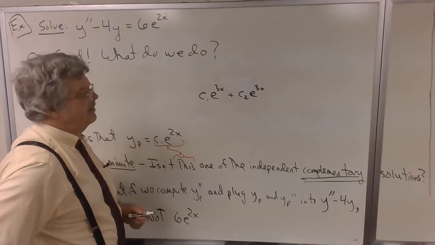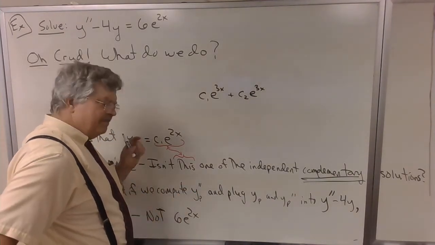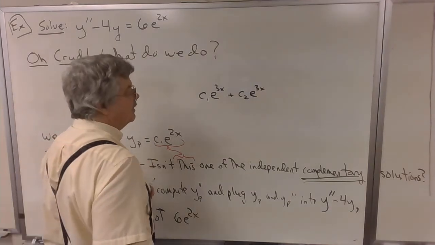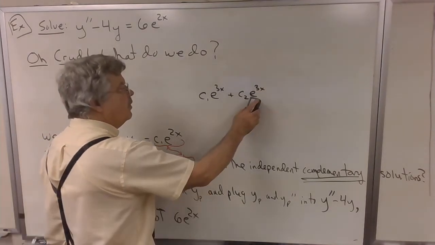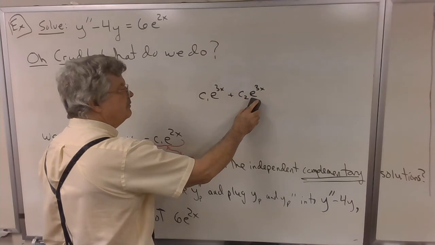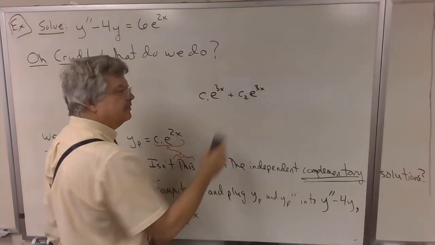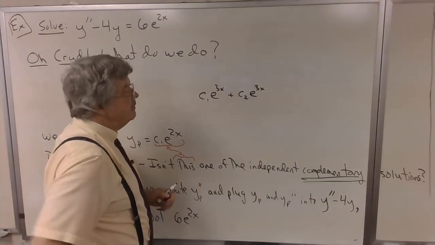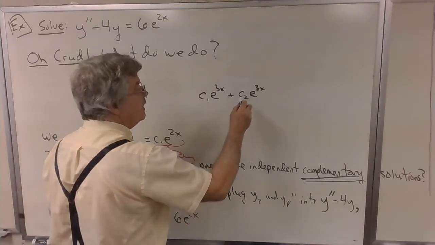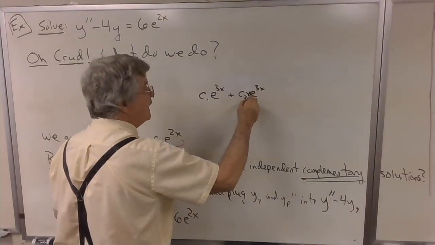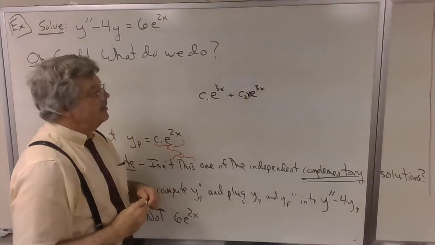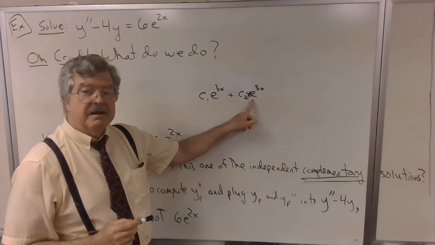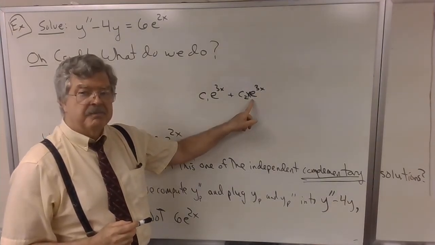And we said, no, that's not going to work. So what did we do to this thing to turn it into a solution? Didn't we take it and multiply by x, and all of a sudden, this became the second independent solution?